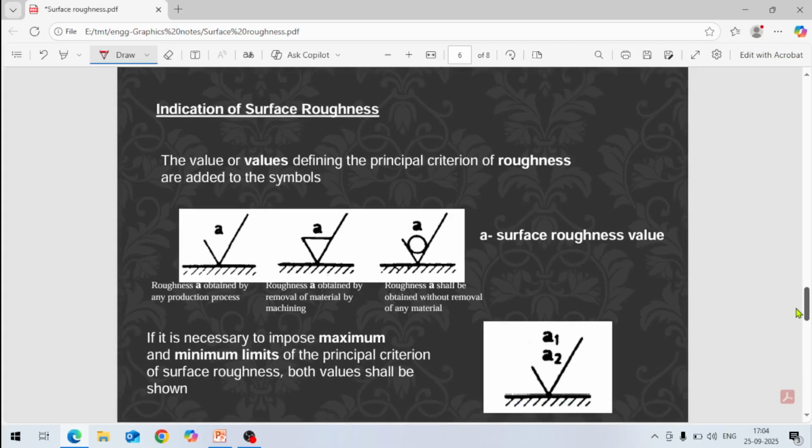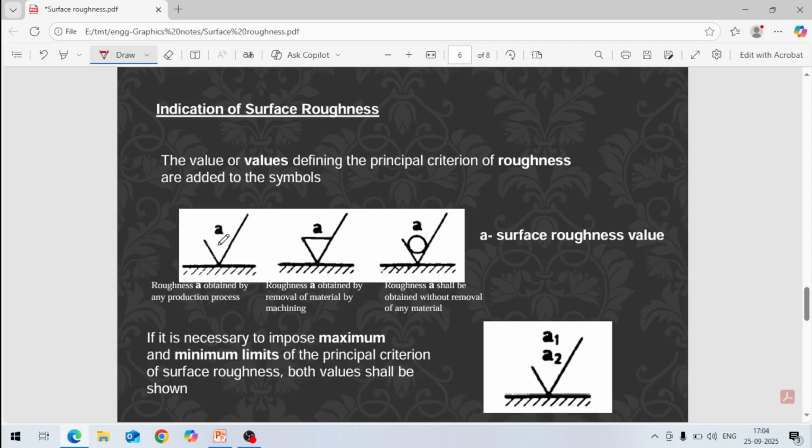Okay, if you see here, this is the indication of surface roughness, how we indicate it in the drawing. If this is the symbol, it means this may be any production process.